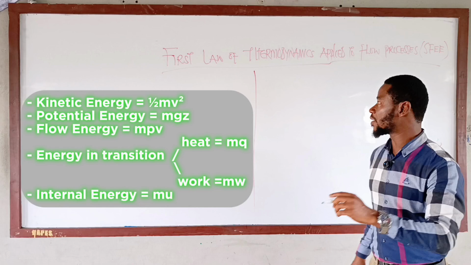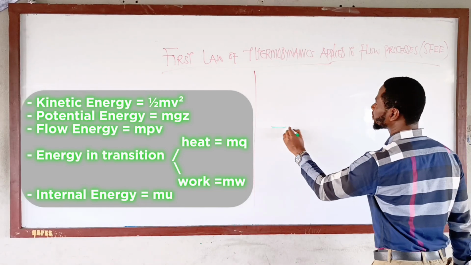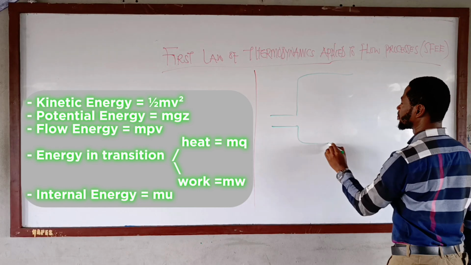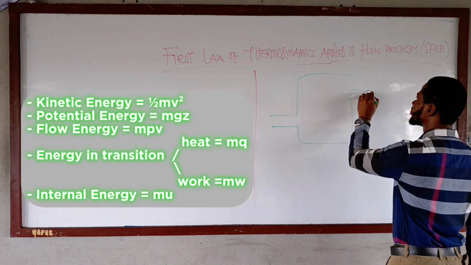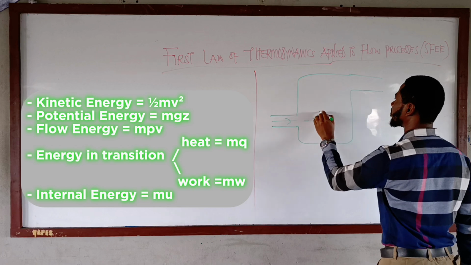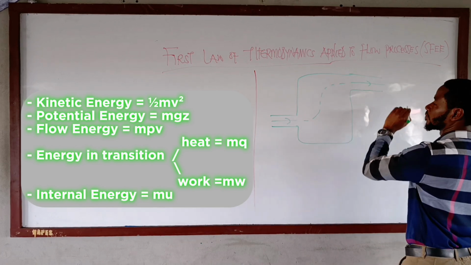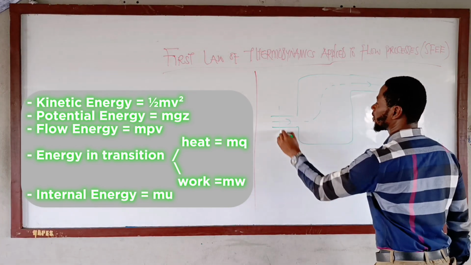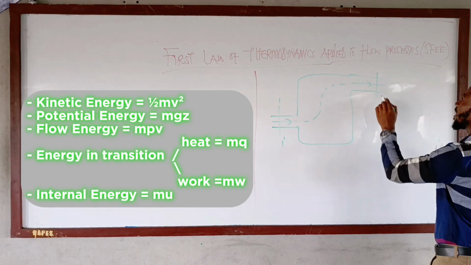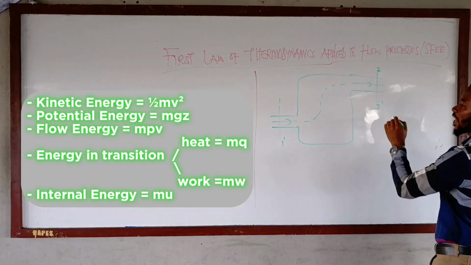Now, let's consider an open system, just as what we have on the board. If this state is state 1 prime, and here is state 2 prime.